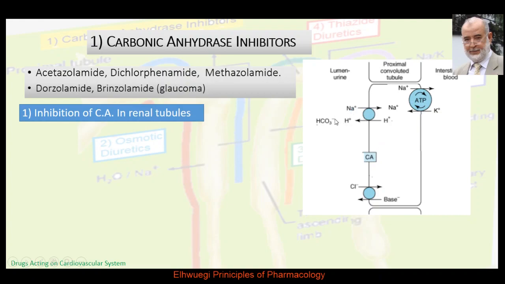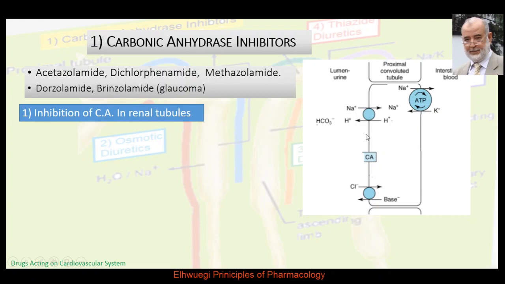What happens with bicarbonate? Bicarbonate actually cannot penetrate the luminal membrane, maybe because of its size. There is no passive diffusion of bicarbonate through the luminal membrane.